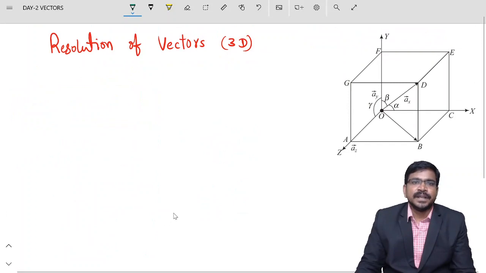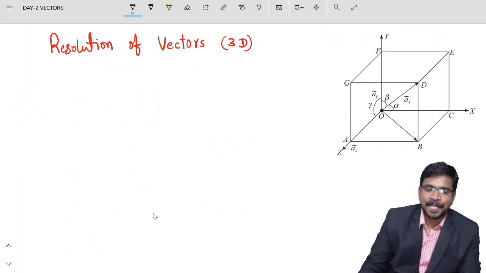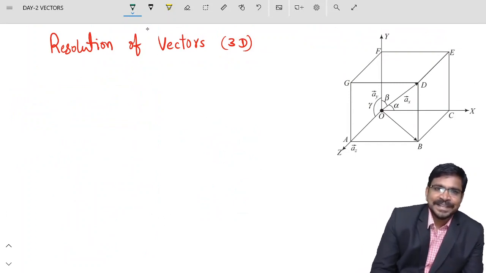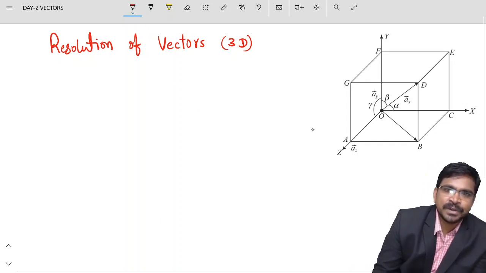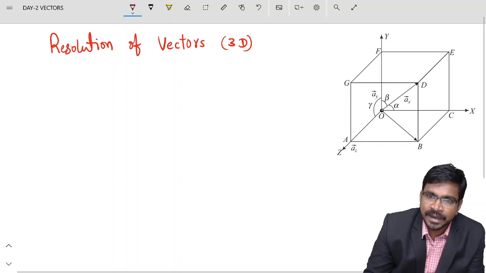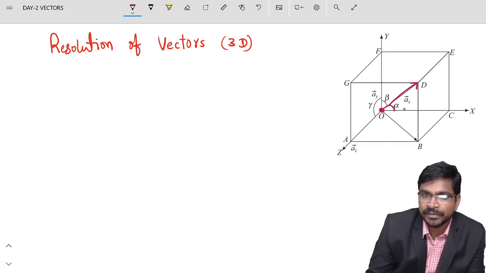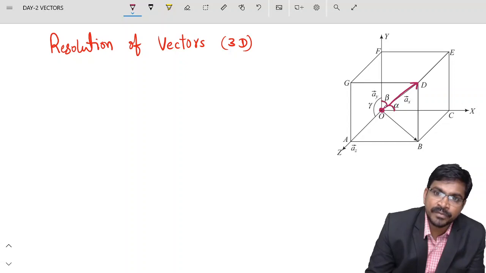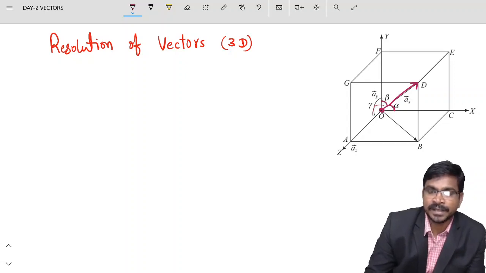Next, resolution of vectors in 3D. It is very simple. We just now observed that the adjacent component is cos theta. The vector here is OD, and this OD is making alpha with the x-axis, beta with the y-axis, and gamma with the z-axis.